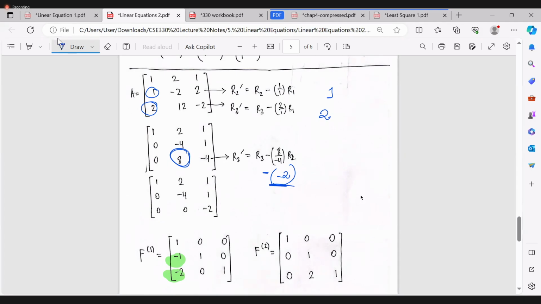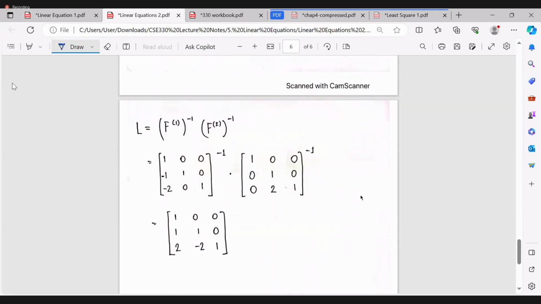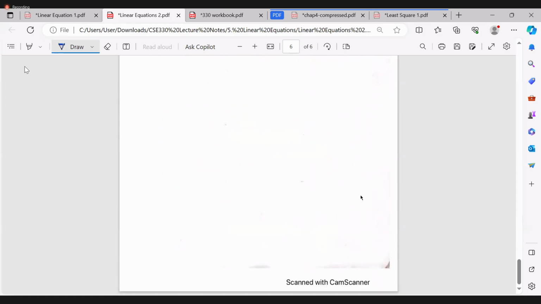So you negate the multiplier and you place it in here. So once you have all your F1 and F2s ready, you can just find out L by inverting F1 and F2 and multiplying them together. Is it clear, guys?